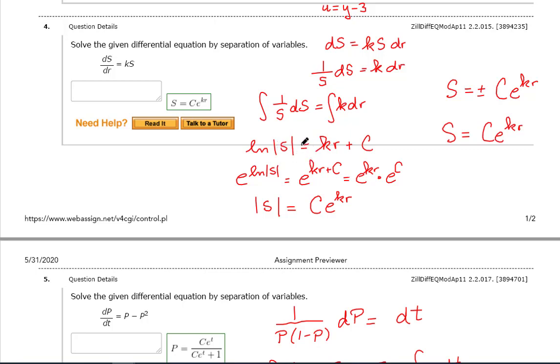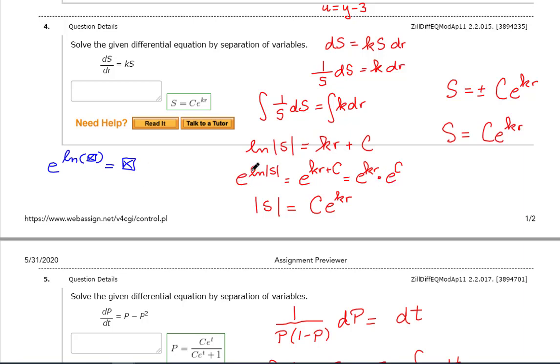Now at that point, the question is, how do we get our hands on s? Well, there are a couple of facts that we need here. One is e to the ln of something gives me this back because e to the x and ln of x are inverse functions. So I take e of both sides.